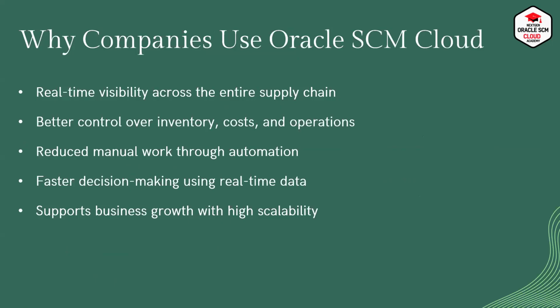The next topic is why companies use Oracle SCM Cloud. The reason is to gain real-time visibility across their entire supply chain. Oracle SCM Cloud helps organizations control inventory levels, manage operational costs, and reduce manual work through automation. They can utilize all these modules and automate, and most things they can control through this application.